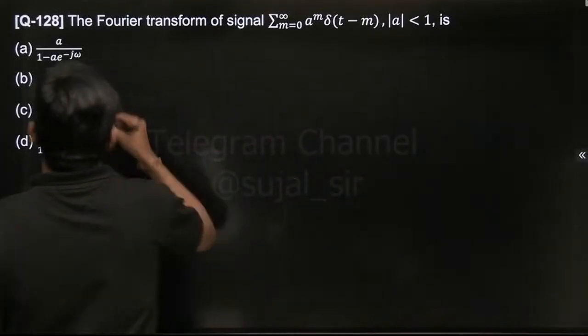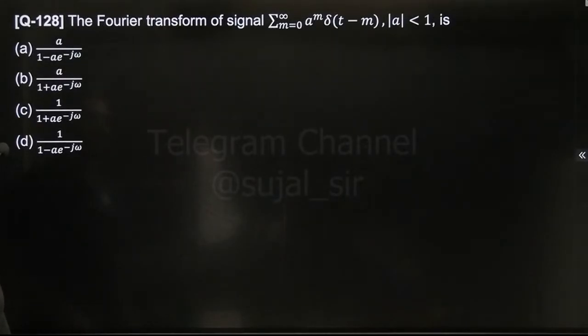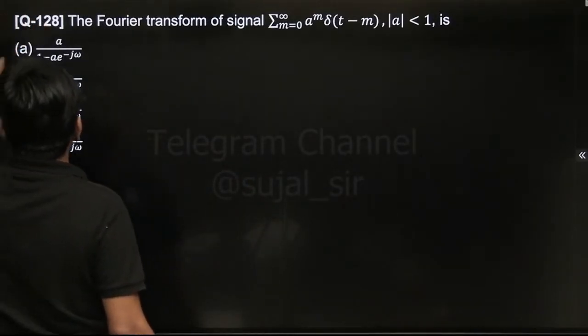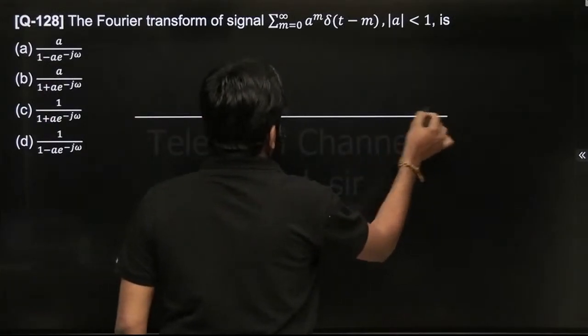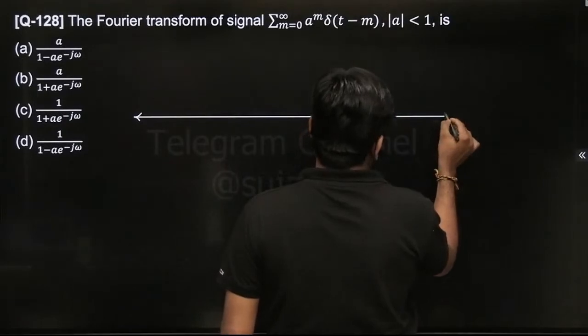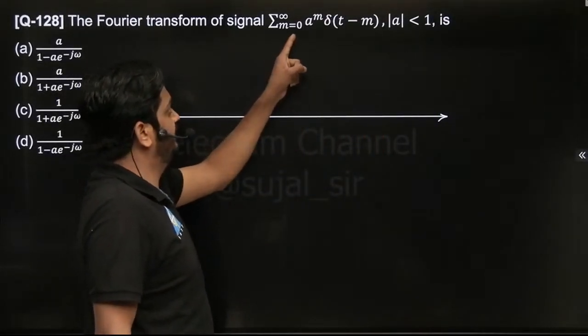Okay, the Fourier transform of the signal summation m equal to 0 to infinity, a power m into delta (t minus m), where mod a is less than 1. So here let us draw this signal. See, put m equal to 0, guys.